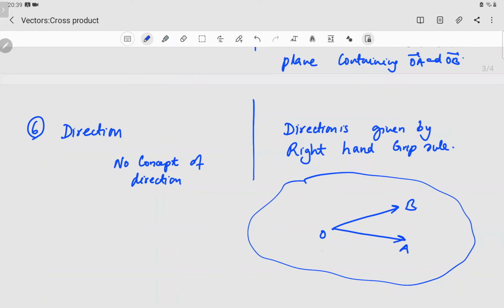You place your right hand with your fingers like this. And your thumb is pointing over here. Now, when you fold your fingers from OA to OB, the thumb being perpendicular to your fingers, is perpendicular to the plane which contains OA and OB, and the thumb points towards the direction of the cross product. Okay.